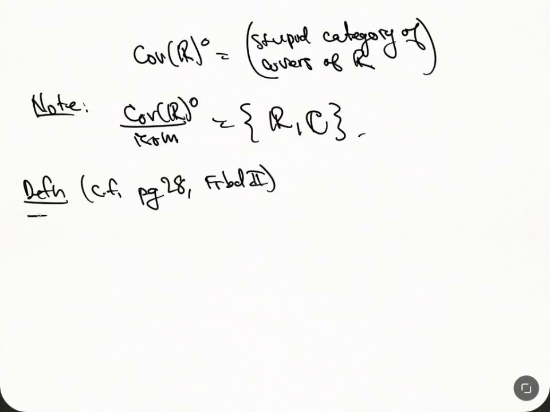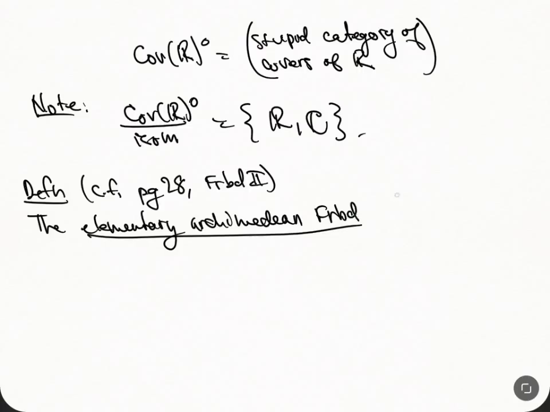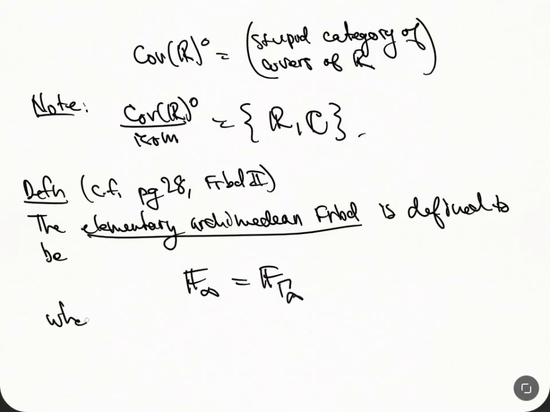The elementary Archimedean Frobenioid is defined to be this. I'm going to do it blackboard F infinity. This is going to be the elementary Frobenioid associated to this gamma infinity. So we just need to define a monoid.